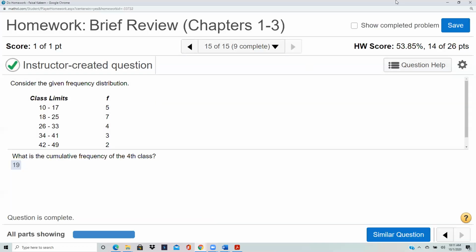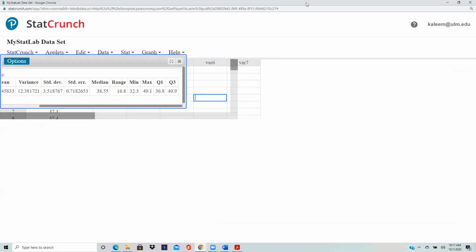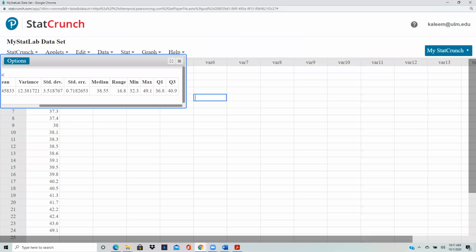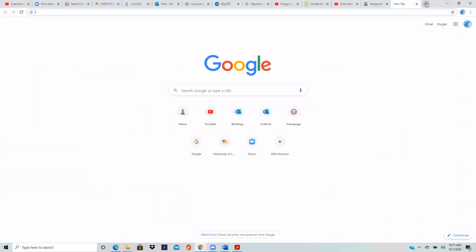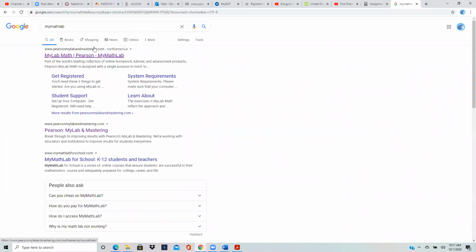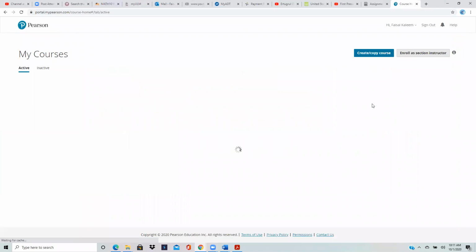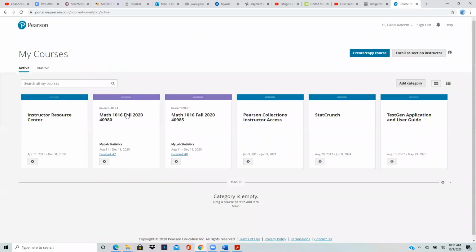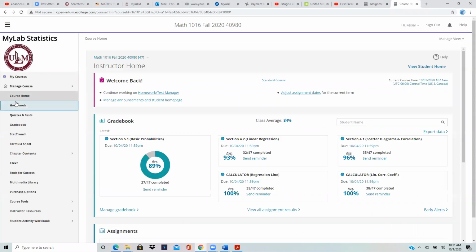So now let me show you the formula sheet. So when you log in the software, what is this? My MATLAB. Okay, so when you sign in, look at this big column on the left.